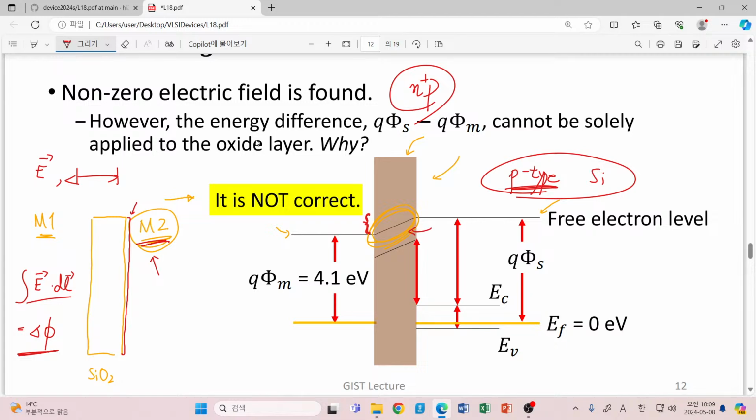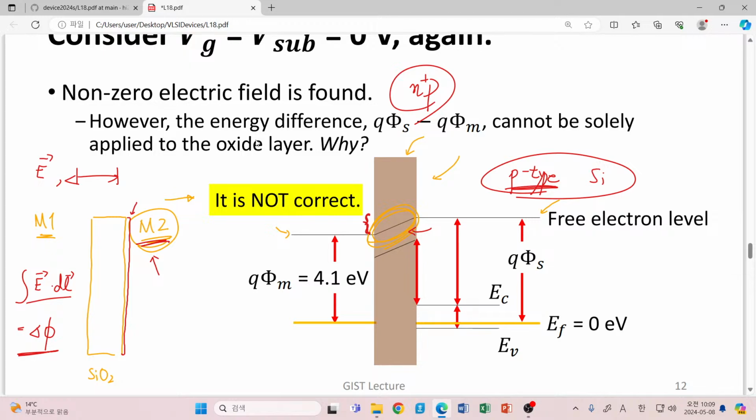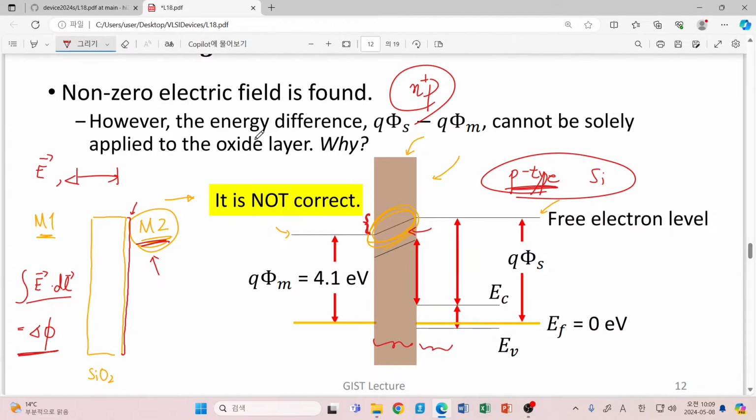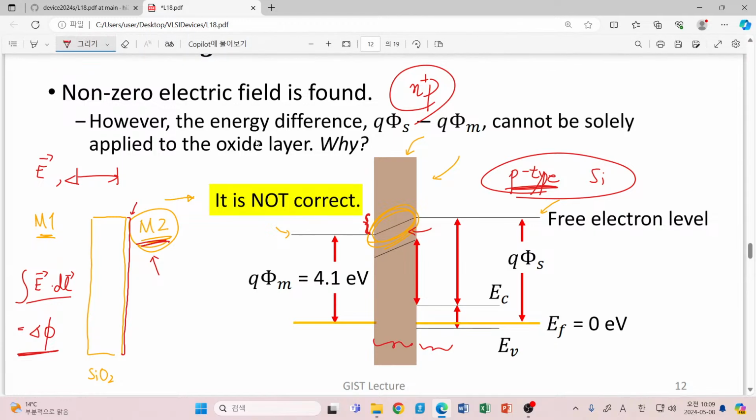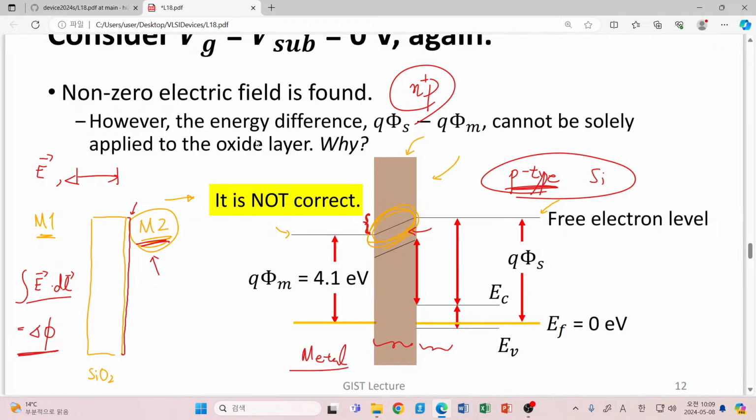That difference should be shared between this oxide region and the silicon region. That is the main point. Maybe you can ask me this question: then why don't we care about this metal? Metal also needs to neutralize this incoming electric field.